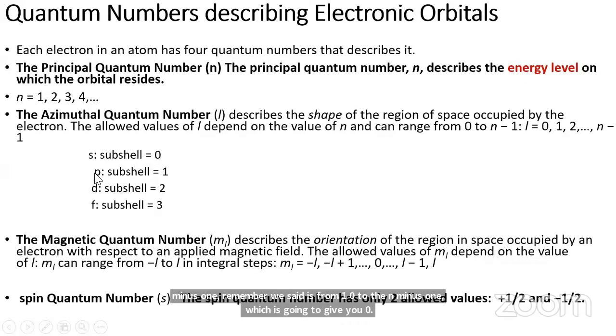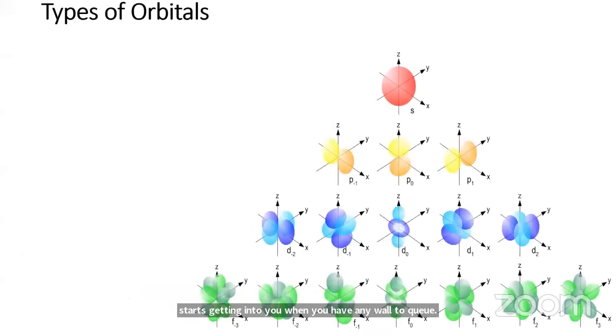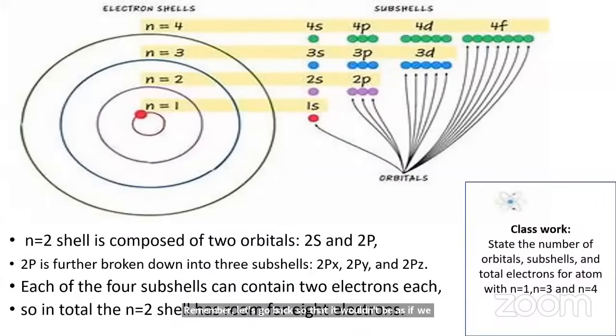For p orbital, electrons start getting into p when you have n equal to 2. Remember, let's go back so that we are not saying it offhand. For n equal to 2, that's where your p starts. There is no p in n equal to 1. So for n equal to 2, you have your p. For n equal to 3, you have your d. For n equal to 4, you have your f.